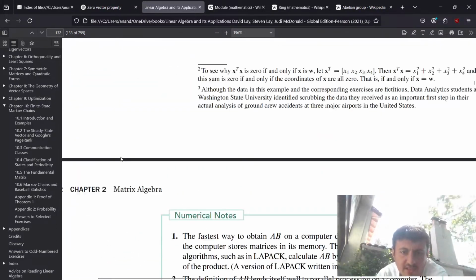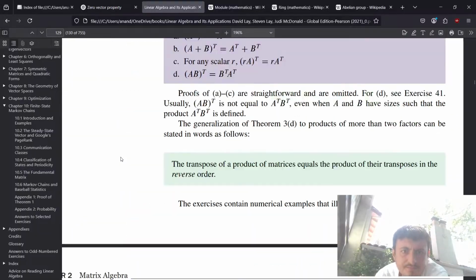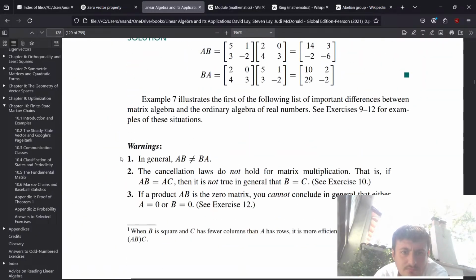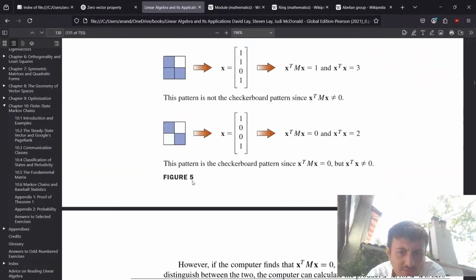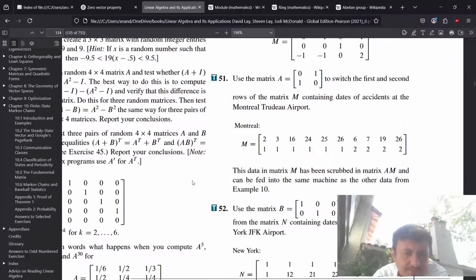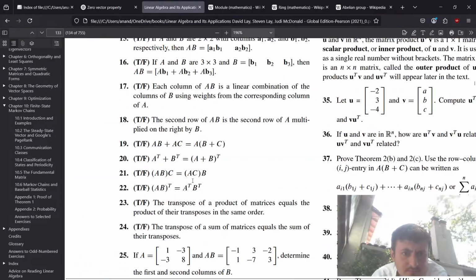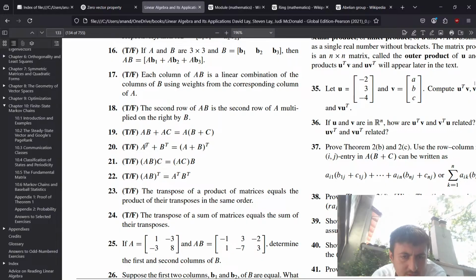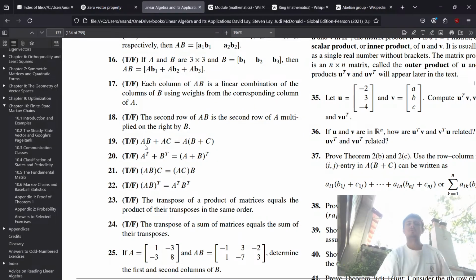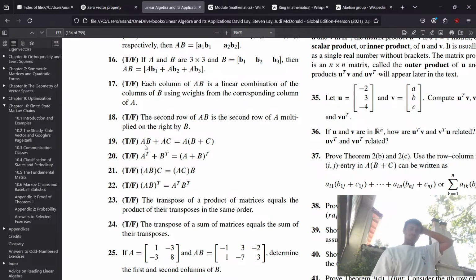I know that it's in the theorem that matrix multiplication distributes over addition, but I don't have a good intuition for why. The 20? That should be true. I don't see why that wouldn't be true.